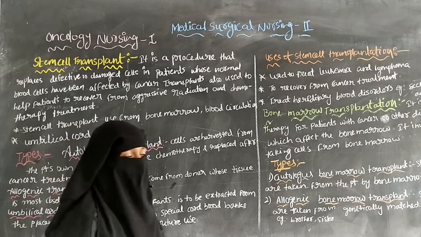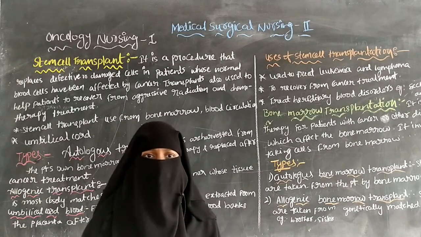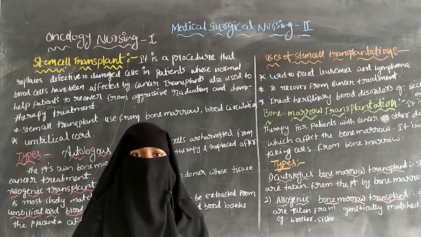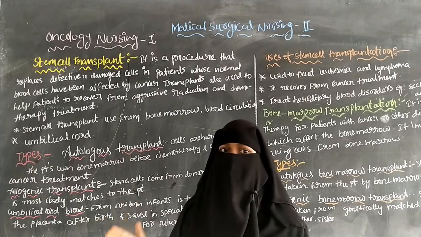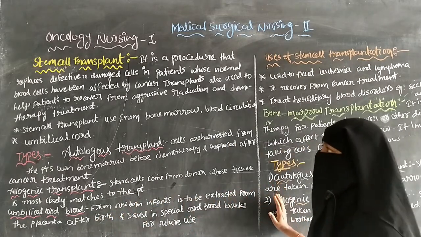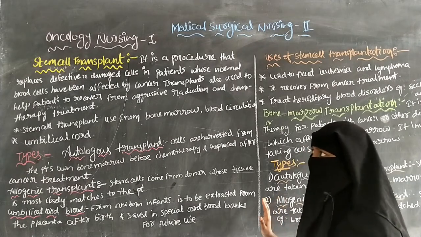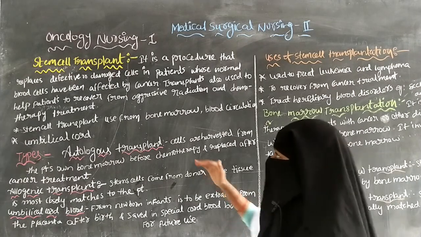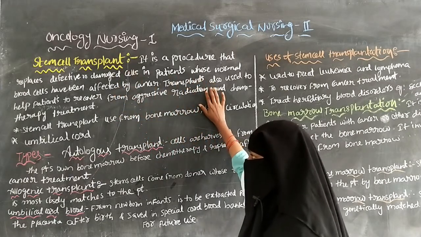Because chemotherapy and radiation therapy damage the normal cells and make them unhealthy, stem cell transplantation can be done for the cancer patient.